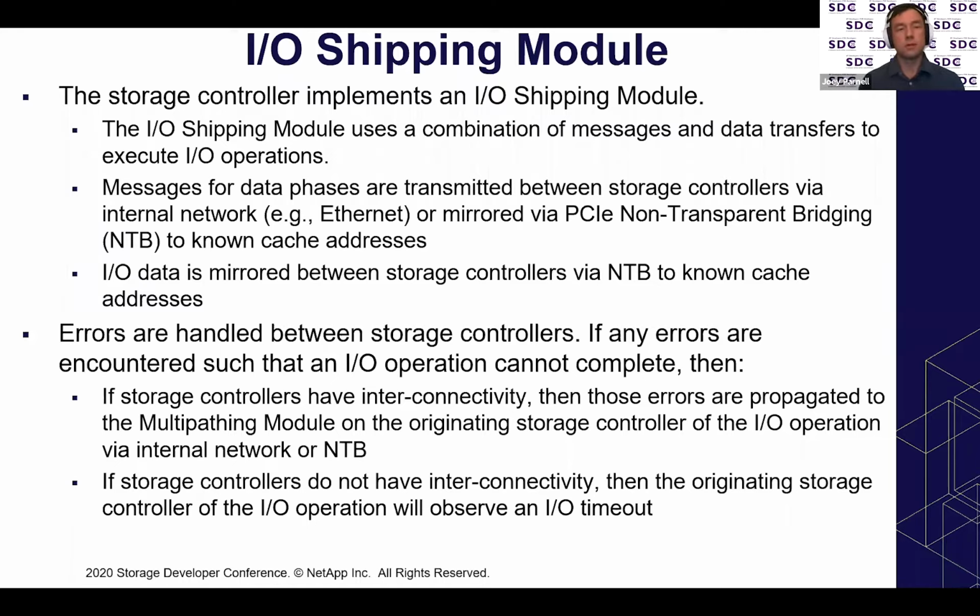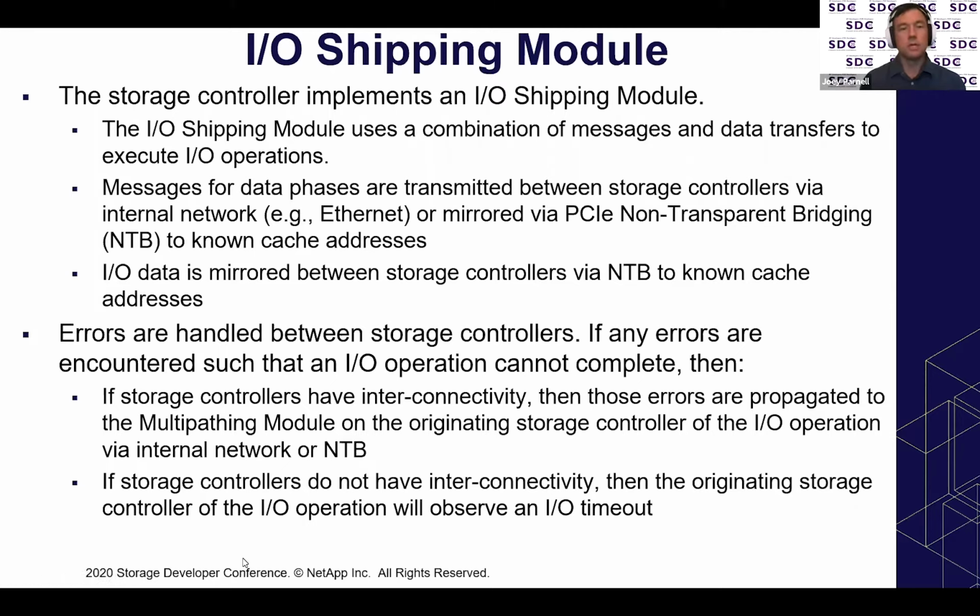So I'll come back down into the weeds a little bit here. This I/O shipping module needs to be able to efficiently process this I/O using the internal network, and one way of doing so is separating the messaging and the data transfers into different transports.